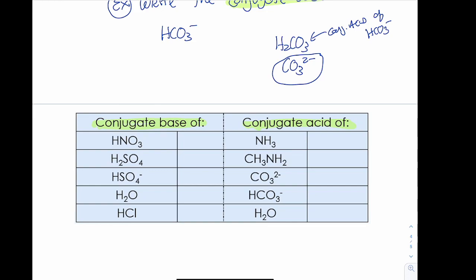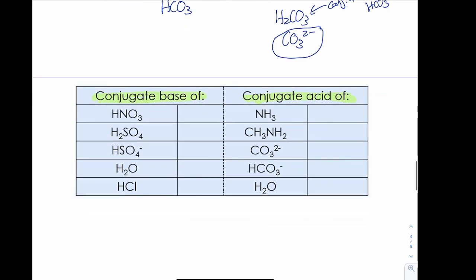Alrighty, so hopefully you had some success at that. Our conjugate base, remember, is always going to have one less proton. So I'm going to take off H plus from those.